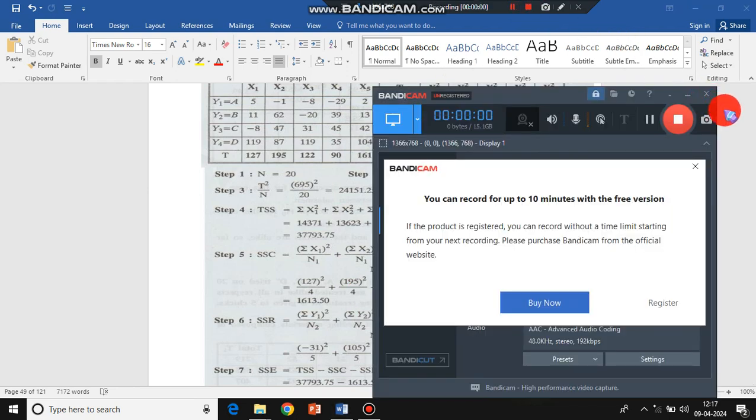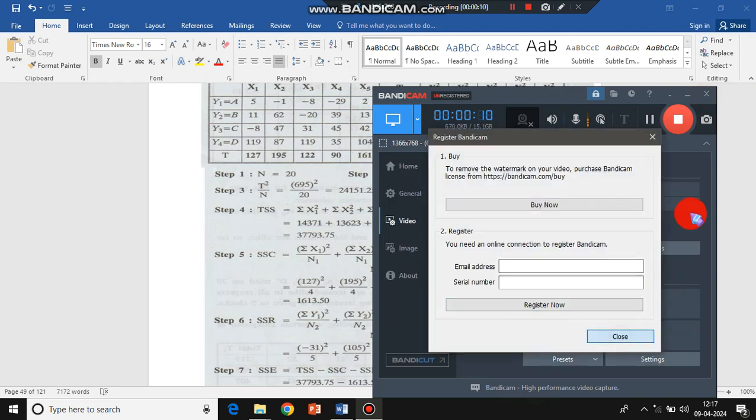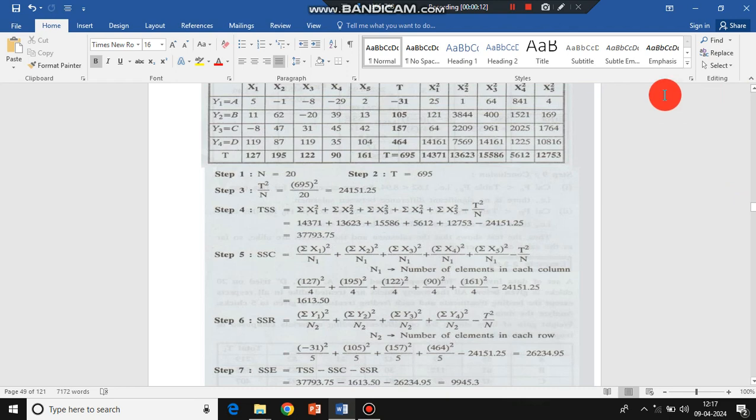Okay, now let me come again. Now look at that. Now summation of x3 whole square divided by n1. Summation of x3 is here. If you add, you will get 122.